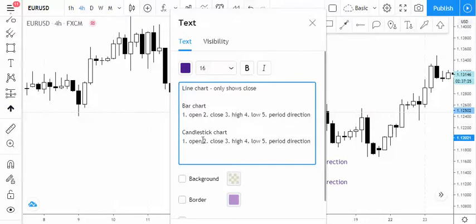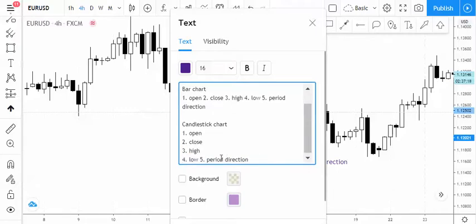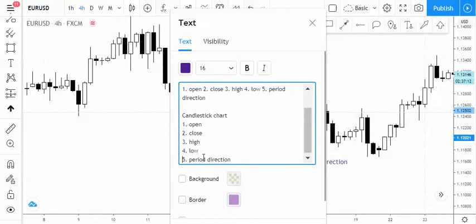The candlestick chart also gives us the open, the close, the highest high and the lowest low for the period, and obviously the color of the candlestick will tell us the direction.